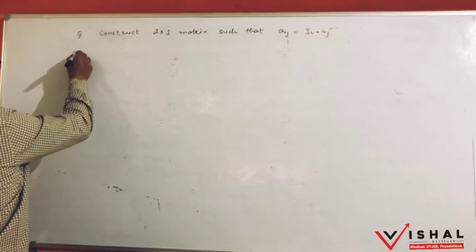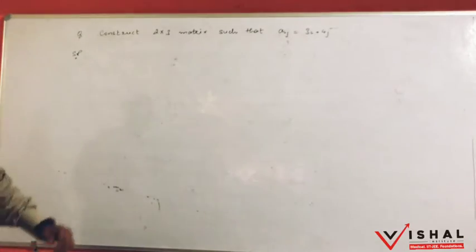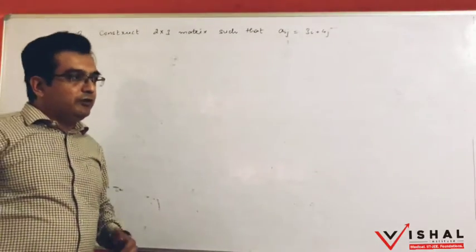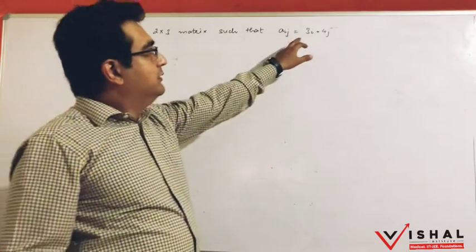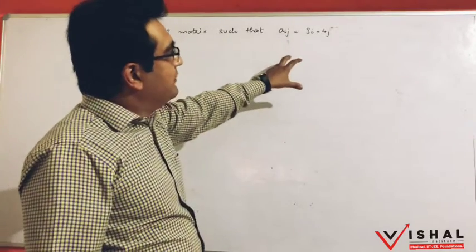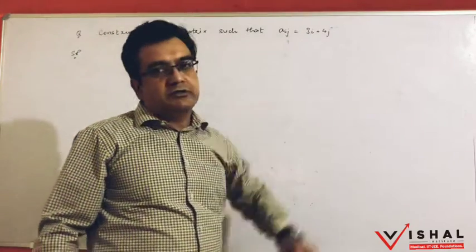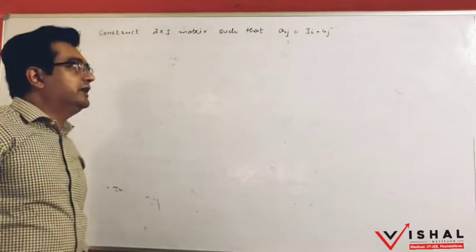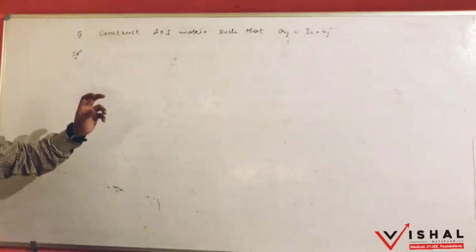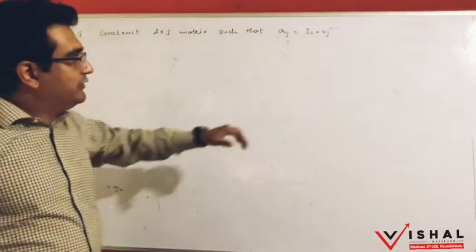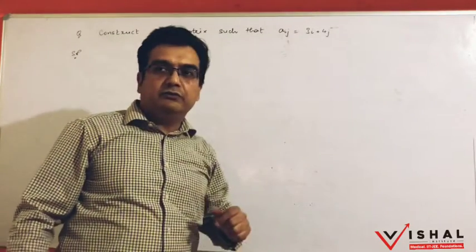Now we have to construct a 2 cross 3 matrix, that is a matrix having 2 rows and 3 columns, where the relation of each element is given by Aij is equal to 3i plus 4j. So that means every element present in the 2 cross 3 matrix will be related to this relation.